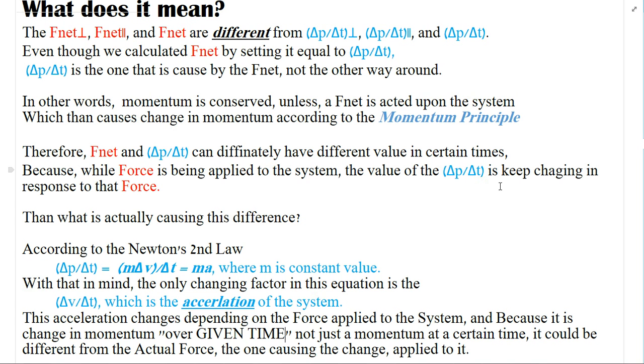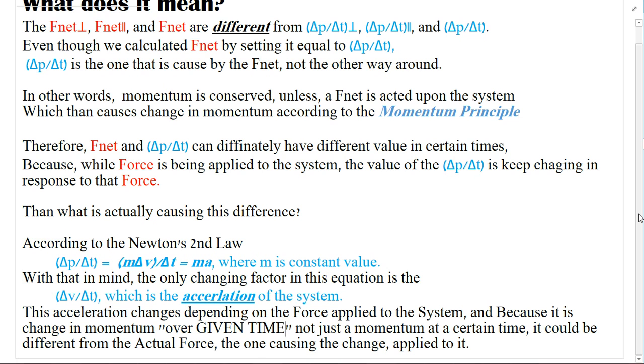With that in mind, the only changing factor in this equation is the acceleration. This acceleration changes depending on the force applied to the system, and because it is change in momentum over the given time, not just the momentum at a certain time, it could be different from the actual force, the one causing the change applied to it.